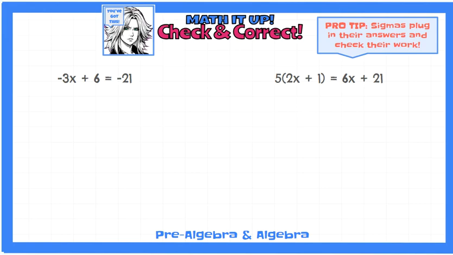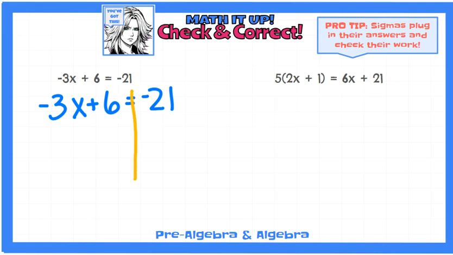All right, let's solve these equations. Let me write this out a little larger. Okay, this is a simple two-step equation here. Nothing to do on either side because both sides are in their simplest form. So we can just start figuring out how to isolate that variable.